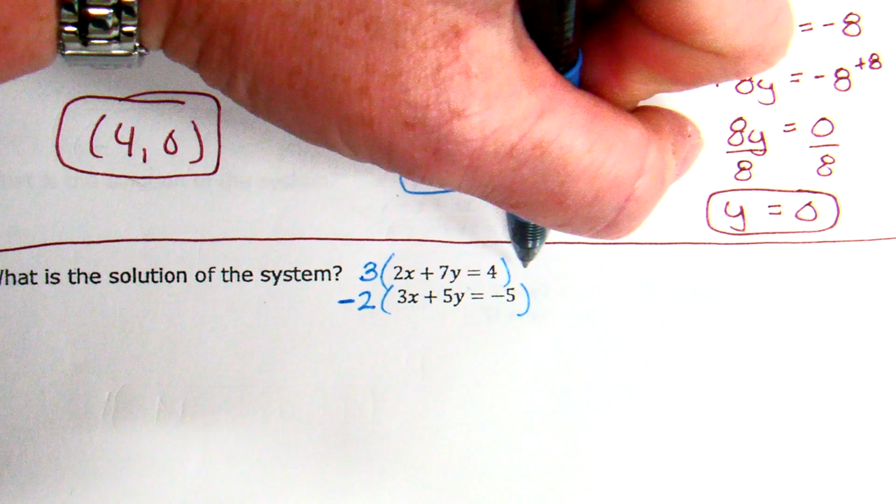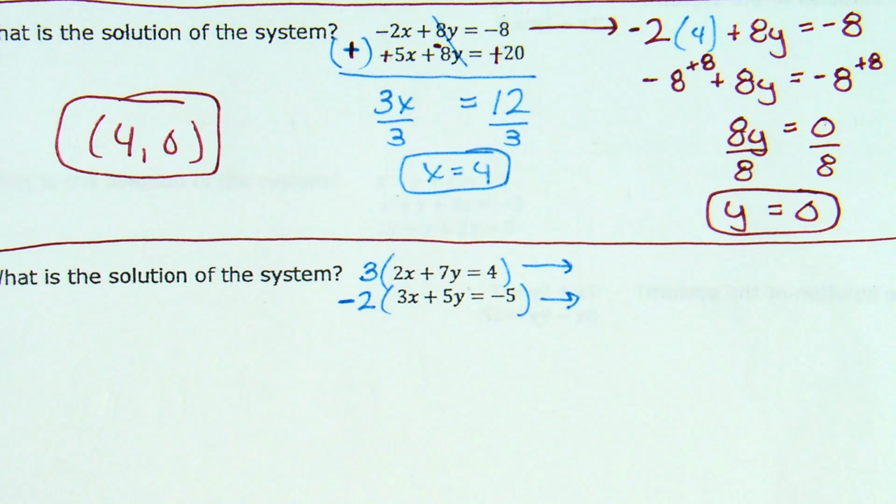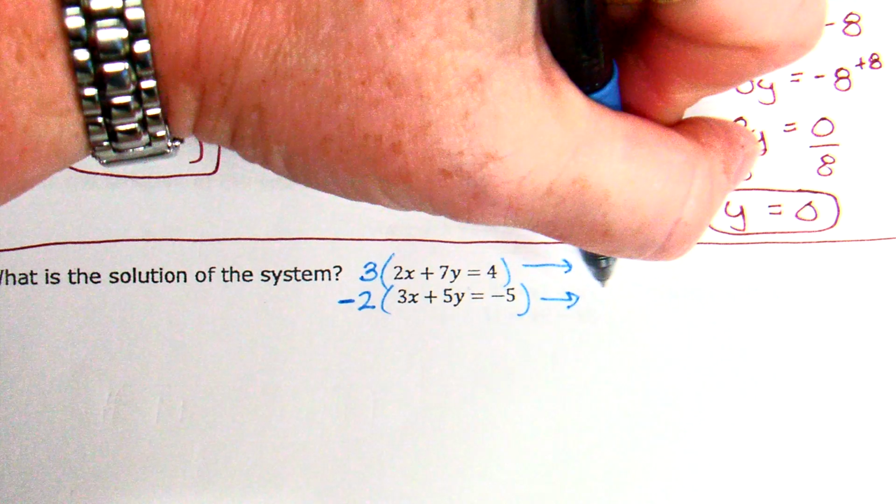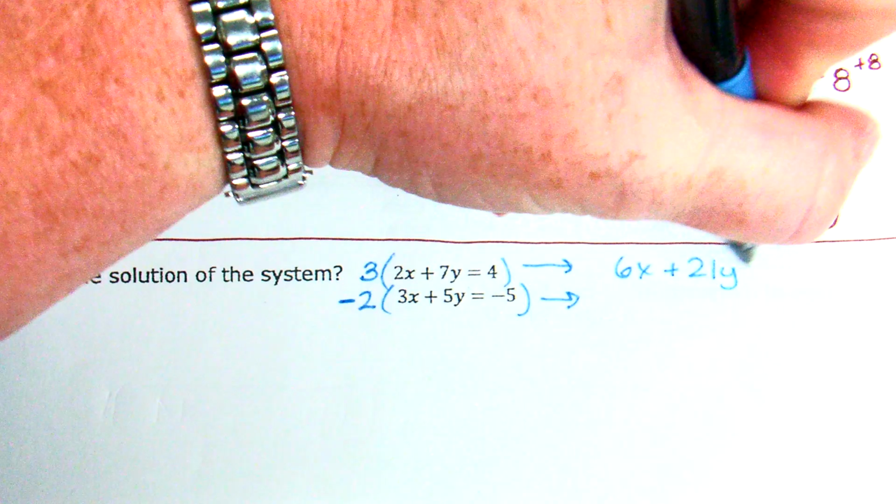So let's rewrite these. That top equation, when I multiply it by 3, who can tell me what that top equation is going to be? What do you got, Jake? 6x plus 21y equals 12.